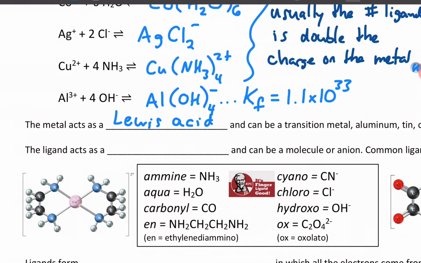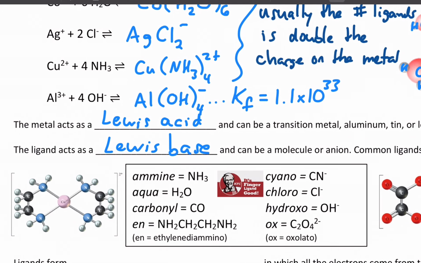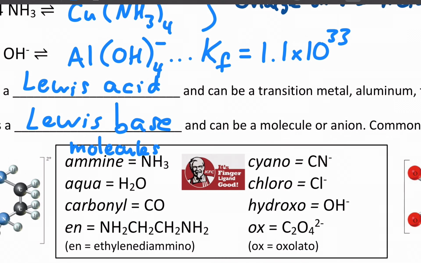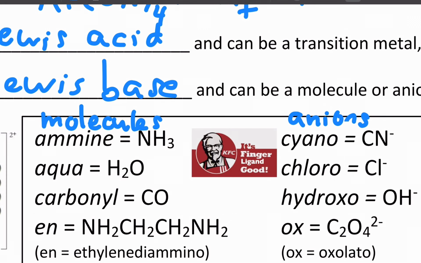The ligand acts as what's called a Lewis base, and that just means it's electron rich, and it has to have lone pairs. It can be a molecule or an anion, but it has to have lone pairs attached to it. So here's just a list of molecules that are common ligands, and also some anions that act as common ligands. And all of these have lone pairs attached to them.